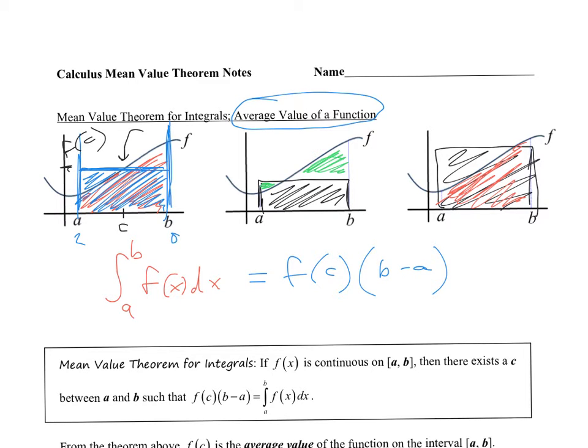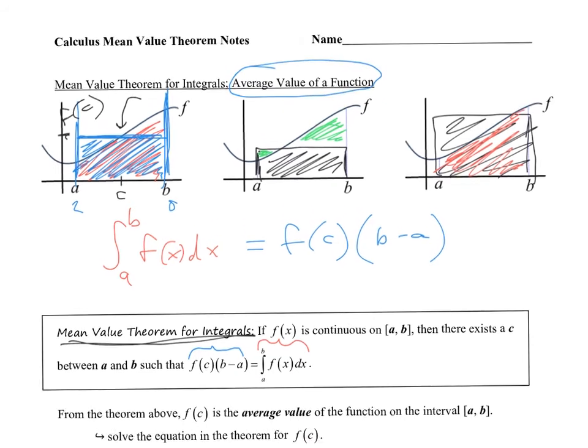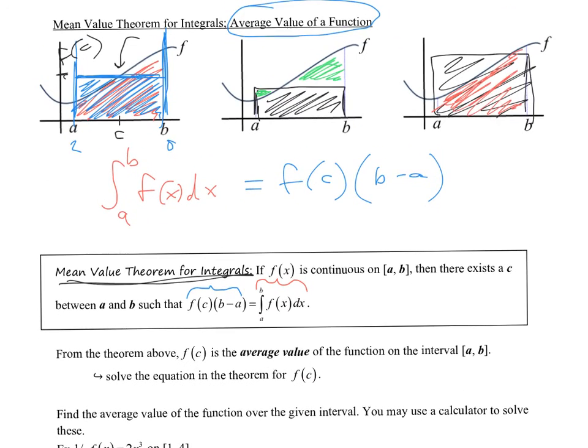So this formula for the mean value theorem for integrals that we see down here in this box is generated from us looking at some geometry where we say, I want the area of the blue rectangle to be exactly the same as the area under the curve. What's also interesting is that since the area under the curve represents an accumulation, if we were to divide both sides to get that y value by itself, that y value, or f of c, would represent what we call the average value.